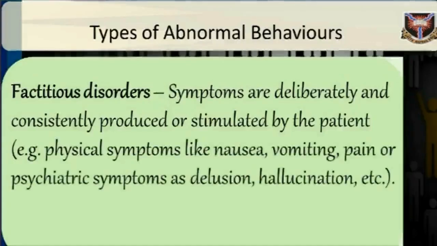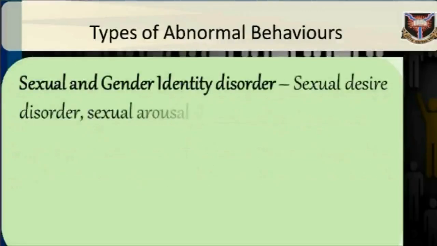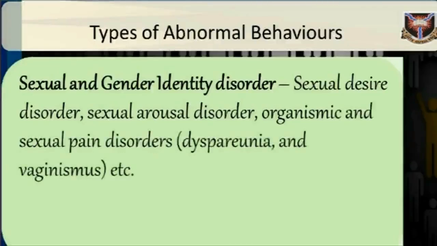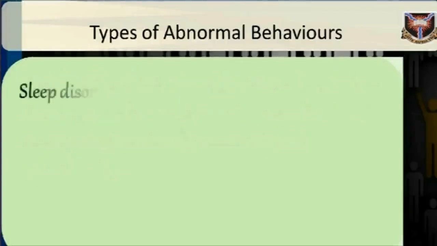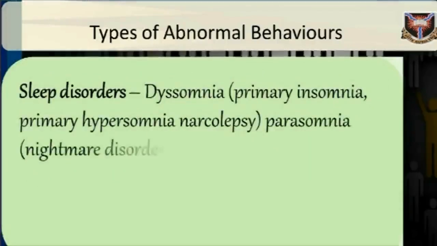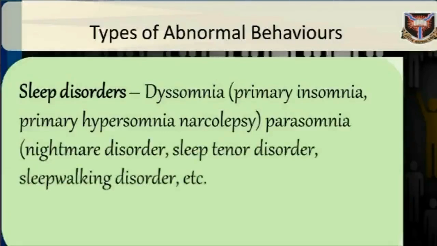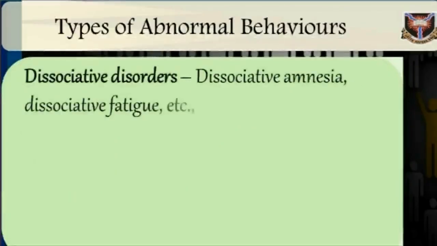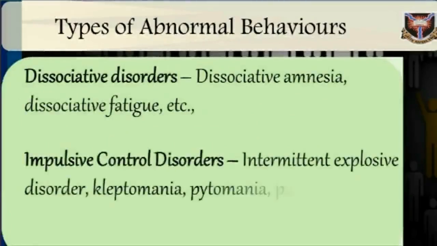For example, physical symptoms like nausea, vomiting, pain, or psychiatric symptoms such as delusion, hallucination, etc. Sexual and gender identity disorder, sexual desire disorder, sexual arousal disorder, orgasmic and sexual pain disorder, dyspareunia and vaginismus, etc. Sleep disorders, dyssomnia, primary hypersomnia, narcolepsy, parasomnia, nightmare disorders, sleep terror disorder, sleepwalking disorder, etc. Dissociative disorders, dissociative amnesia, dissociative fugue, and so on.